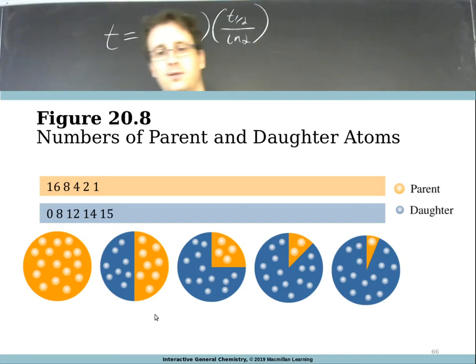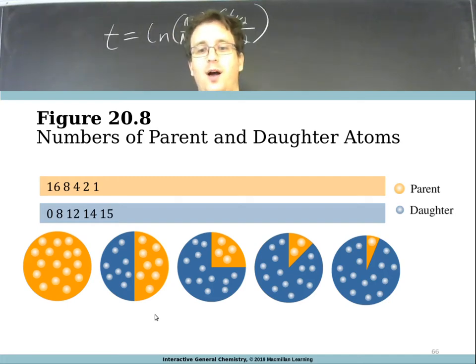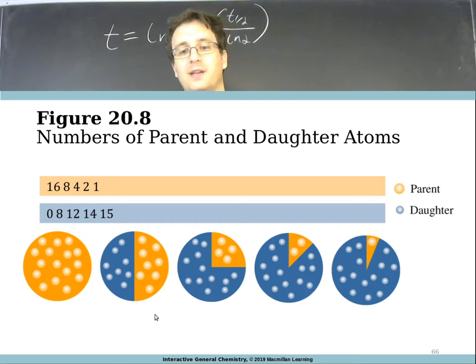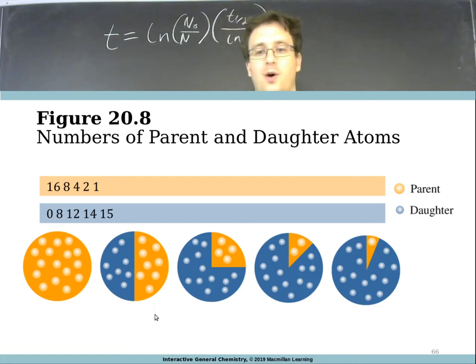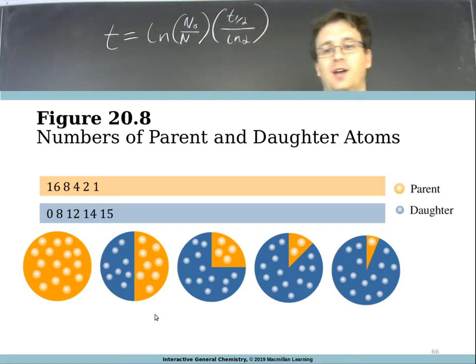And one more half-life has elapsed, and now there should be 4 parent and 12 daughter isotopes. And then one more half-life, there's only 2 parent isotopes left and 14 daughter isotopes, and then one more half-life, it's 1 and 15.